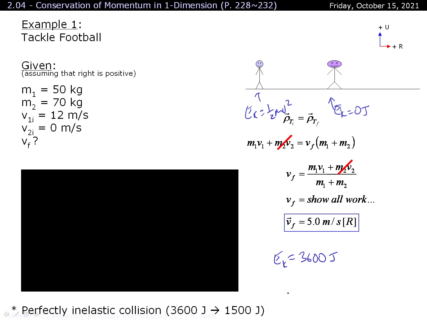And then afterwards, since they're combined together, you would have a calculation of EK is equal to 1/2 times 120 kilograms, because it's a combined mass, times their combined speed squared. If you crunch that through, you're going to get 1500 joules. So you could see that a lot of energy is lost over here. The energy lost is often known as the binding energy.